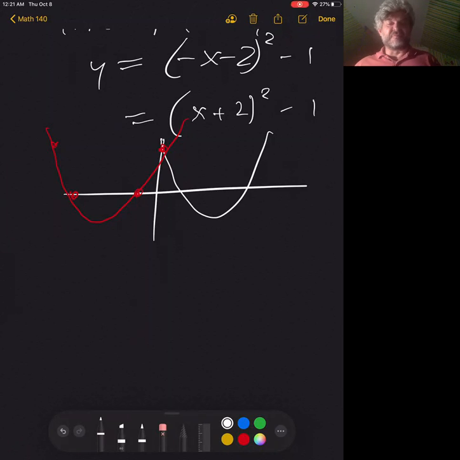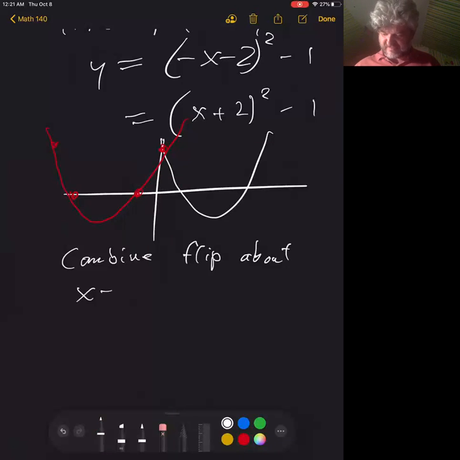What happens if you combine the flip about the x-axis and the y-axis? Combine flip about x and y-axis. What happens then?